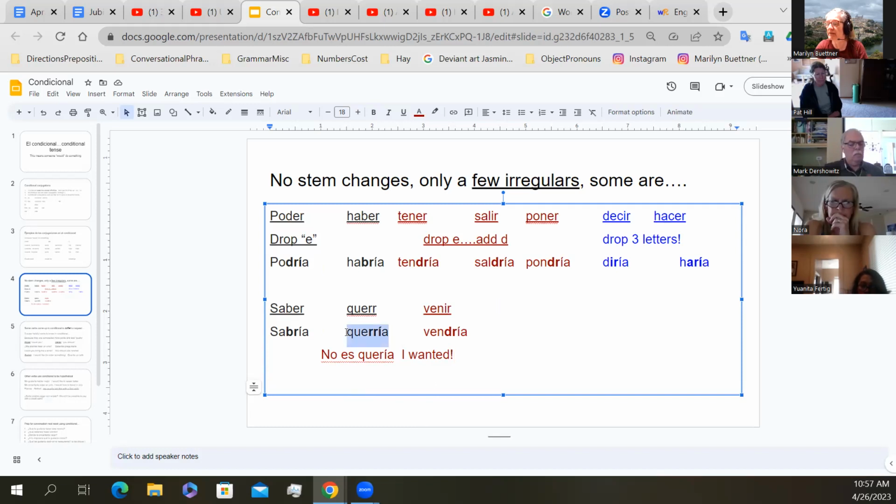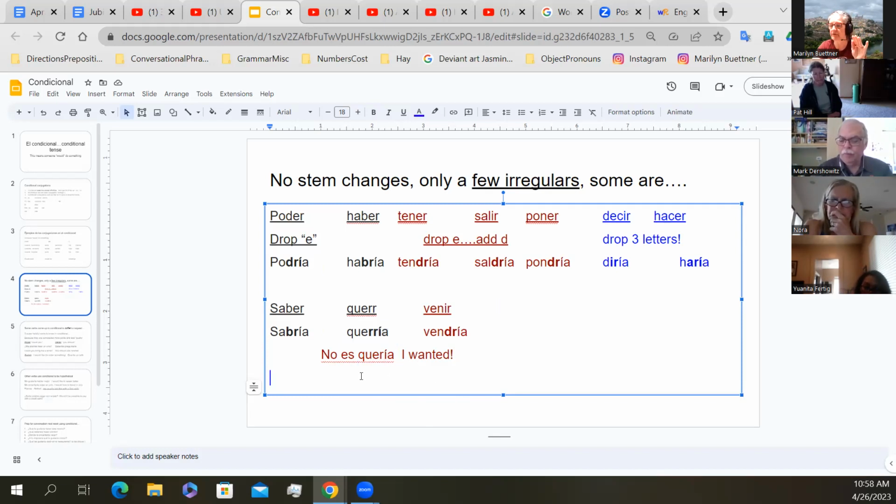But do notice that querría with a strong trill, querría, is not the same as quería. So here's a caveat. This is a pronunciation thing. Quería with a little trill. Quería, I wanted, past. But look, querría is conditional, strong trill.